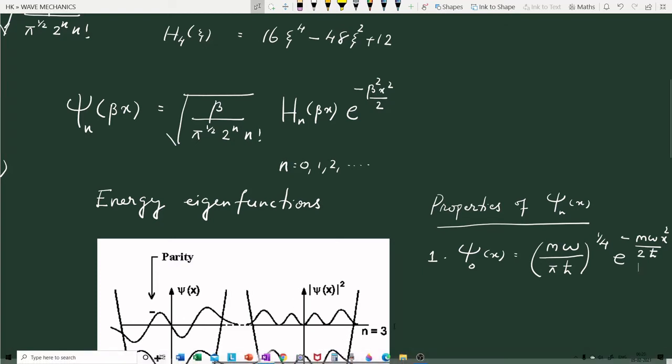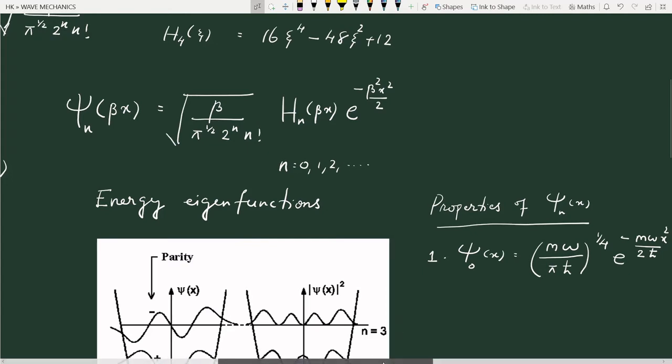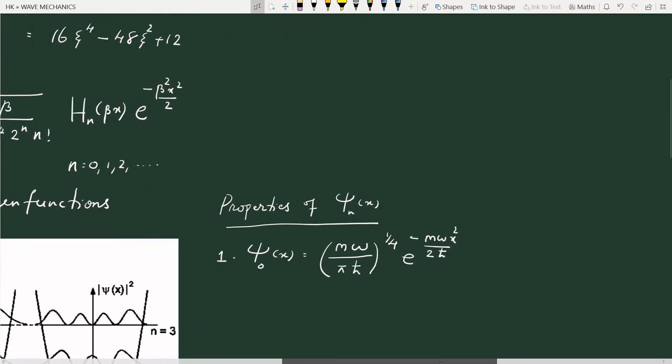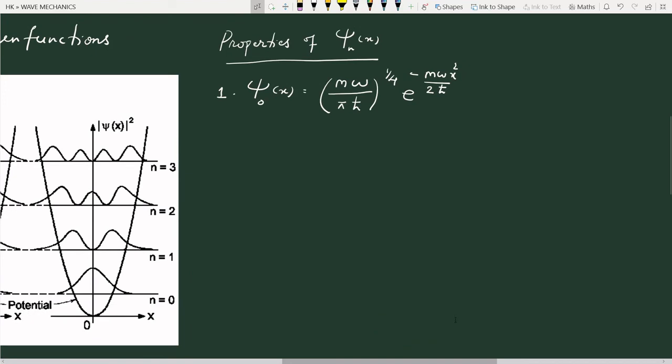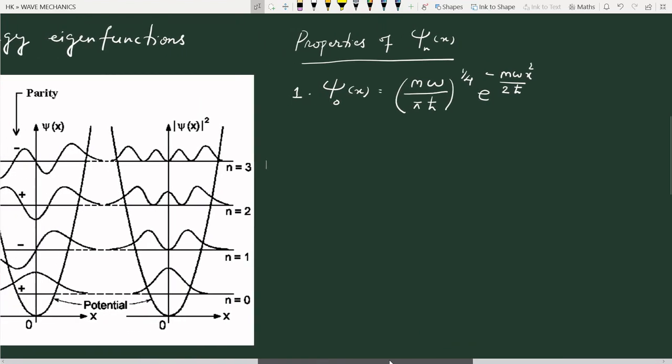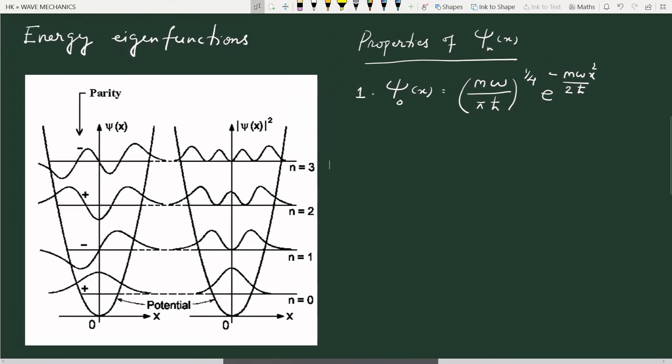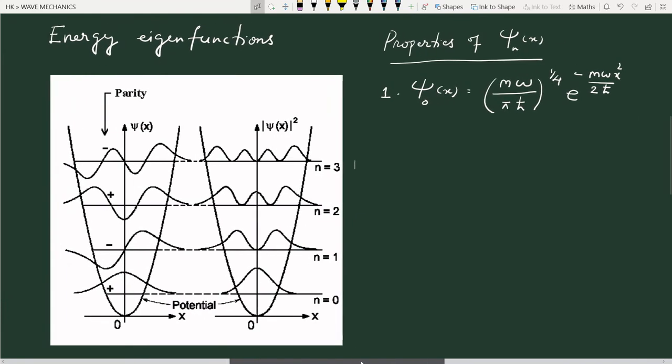Okay. Now if you look at this, this is nothing but a Gaussian function. M omega by pi h cross raised to 1 by 4 is a constant, the normalization constant. Then what you have is e raised to minus, again m omega by 2 h cross is a constant, so e raised to minus some constant, let us say a, x square.